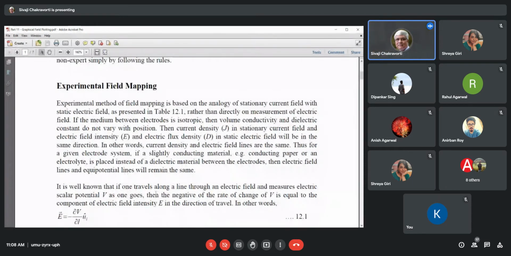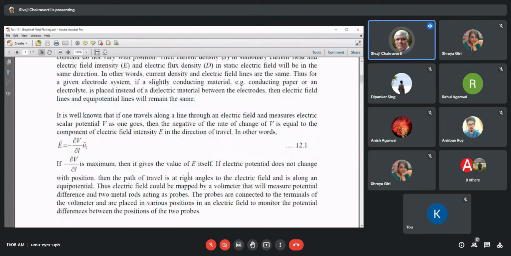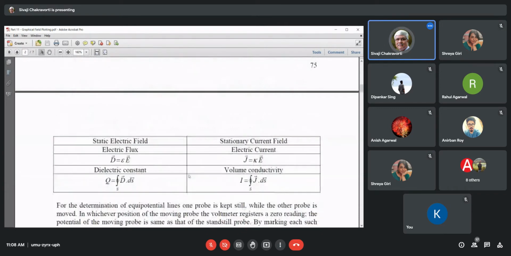Now, this method of experimental field mapping is actually based on the analogy of the stationary current field with the stationary electric field. So I repeat, there is an analogy between stationary current field and stationary electric field, which is given in table 2.1, where this analogy is shown.